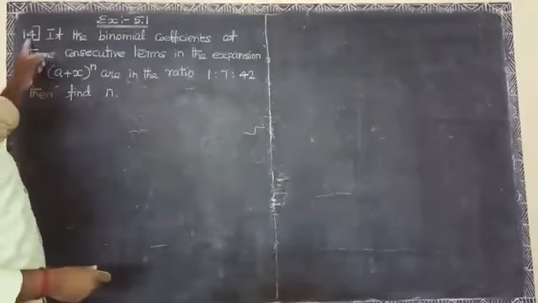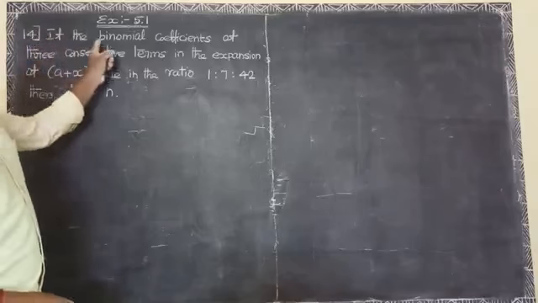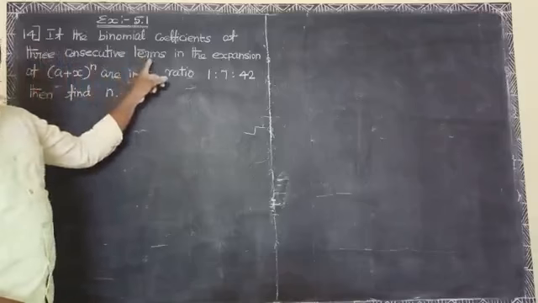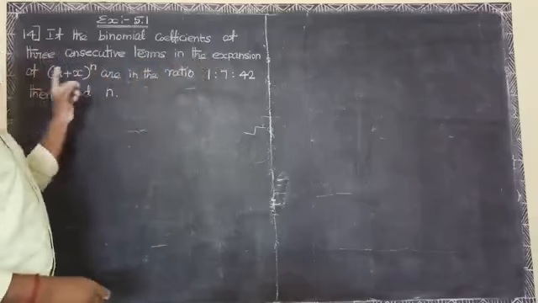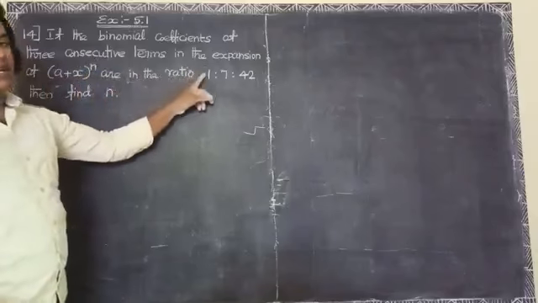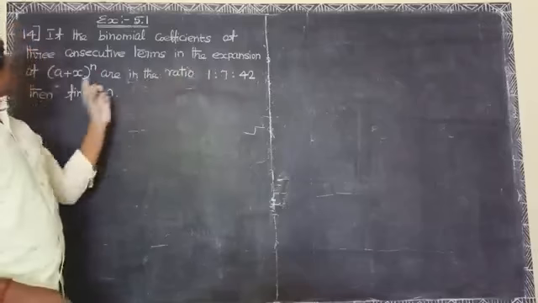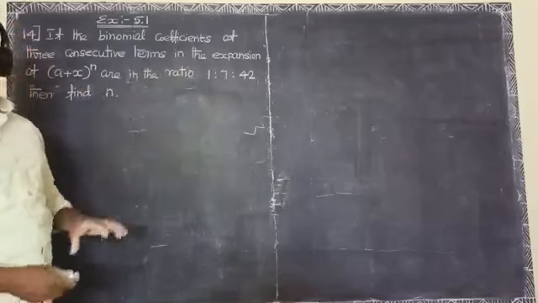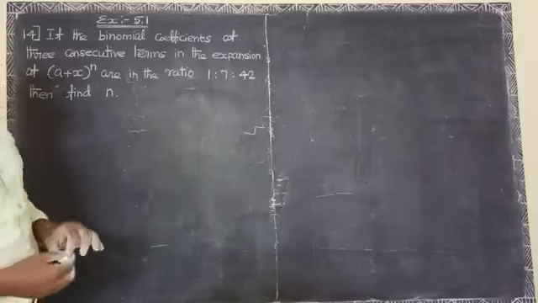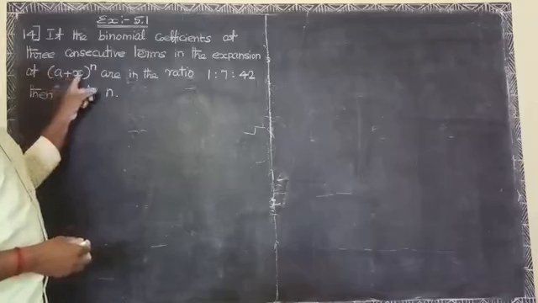Exercise 5.1, question number 14. If the binomial coefficients of three consecutive terms in the expansion of (a plus x) whole power n are in the ratio 1:7:42, then find n. Here the given binomial expression is (a plus x) whole power n.